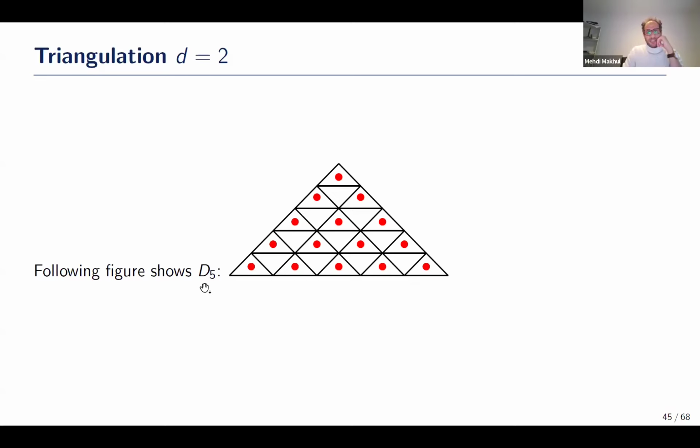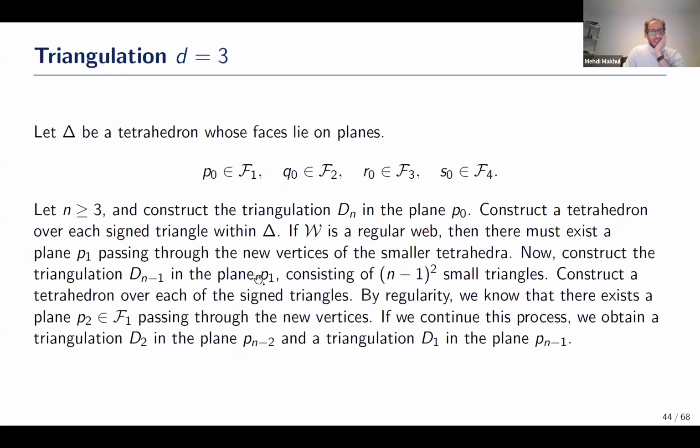Now, alternately, I color these small triangles. And over any of these red triangles, I construct a tetrahedron within the original tetrahedron which I started with. Then by regularity, one can see that there exists a plane P1 that passes through all these new vertices.